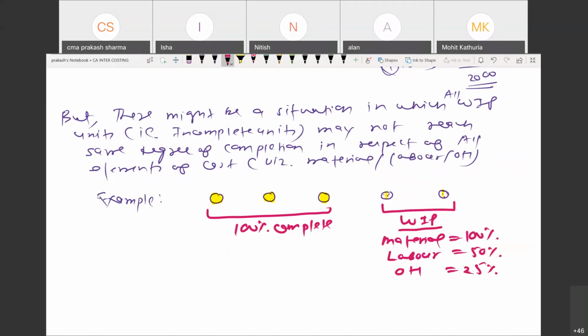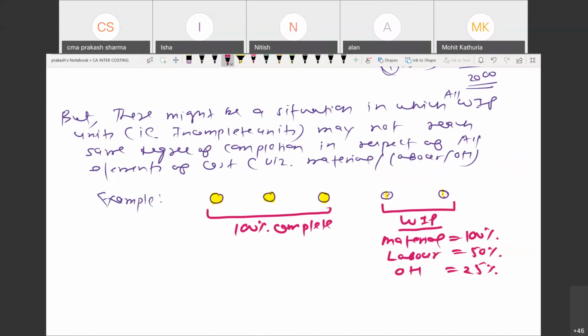Are you getting my point? WIP consists of material, labor, and overhead, but all these resources have reached different degrees of completion. In the previous example, all elements of cost in WIP had an equal degree of completion.